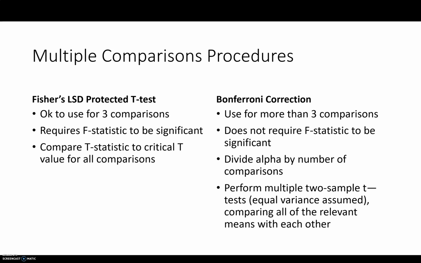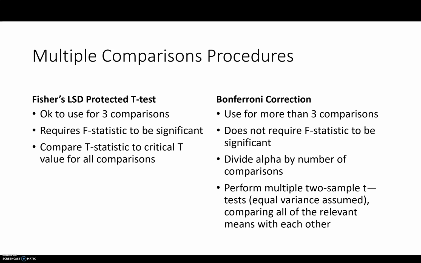One thing that does help to control for the type 1 error rate is that your F statistic needs to be significant. Okay, so you need to have a significant F statistic, a p-value less than 0.05 for that F. For this, you're going to need to calculate a critical t-value, and then you're going to need to compute the Fisher's LSD protected t statistic, compare that to your critical t-value for all comparisons.